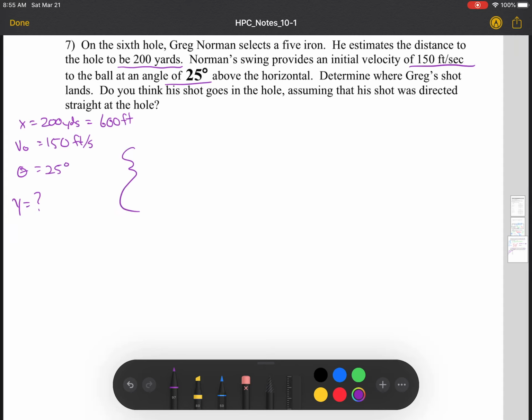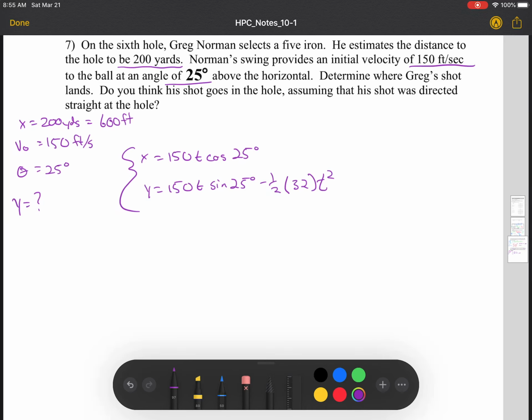So let's start out again by writing our equations. We're going to have our x equals 150t cosine 25 degrees, and then we're going to have our y equals 150t sine 25 degrees minus 1/2, 32 feet, remember, t squared.